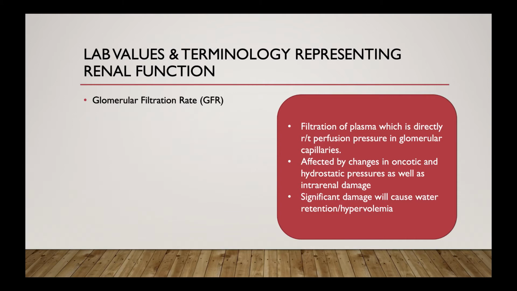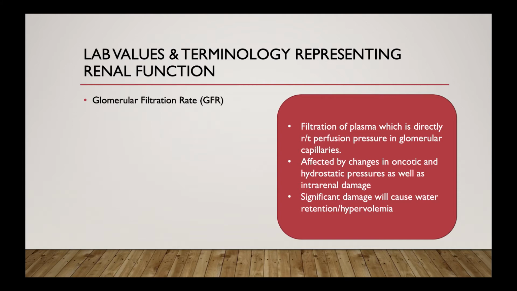It's affected by oncotic and hydrostatic pressures, which you learned way back in the beginning in cellular biology, and then also through fluids and electrolytes. And it's also affected by any type of intrarenal damage, and we'll talk about that in a couple slides.